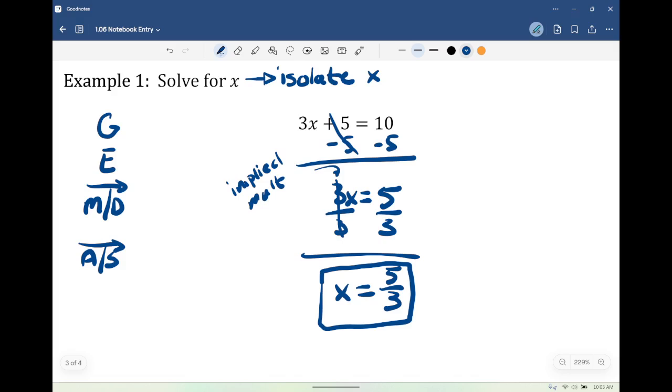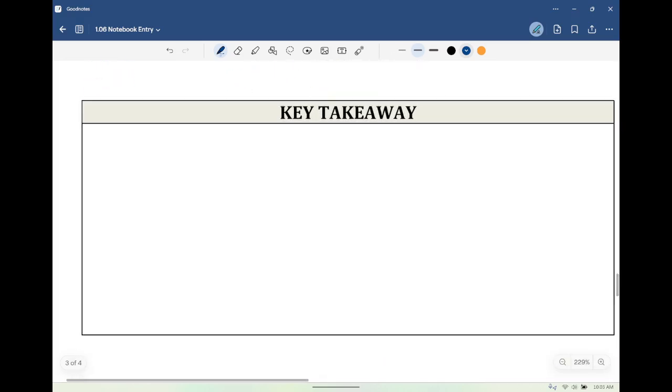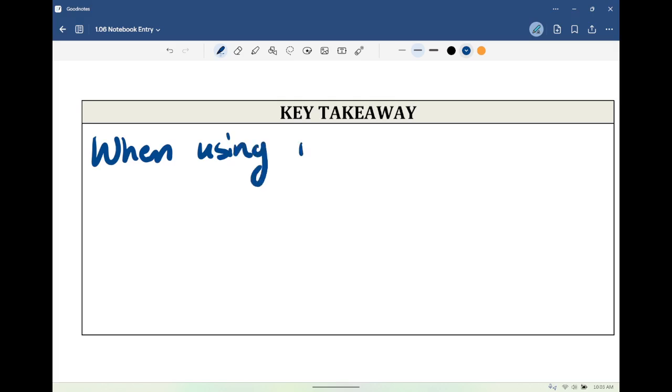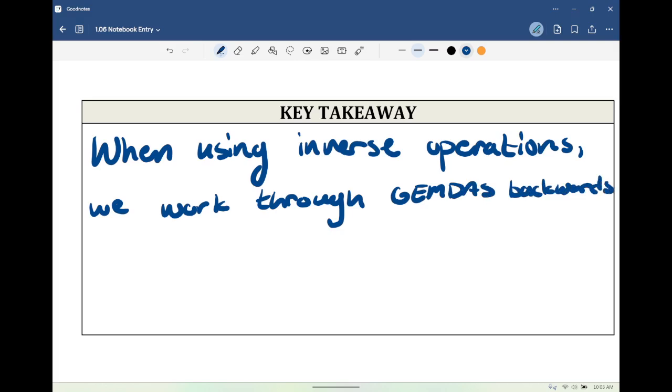And so down below, I want us to stamp that in our key takeaway box. When using inverse operations, we work through GEMDAS backwards.